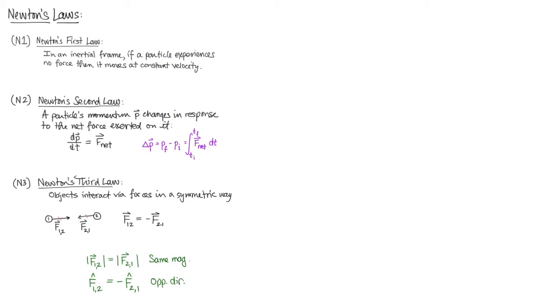Well, I'd like to say a few more words about Newton's second law and relating it to F equals ma, and then I'll say a few words about Newton's third law, pointing out some of the limitations of Newton's third law. So to start, let's look at Newton's second law again, maybe a little more deeply now. Newton's second law tells us that the rate of change of momentum with time is brought about by a net force.